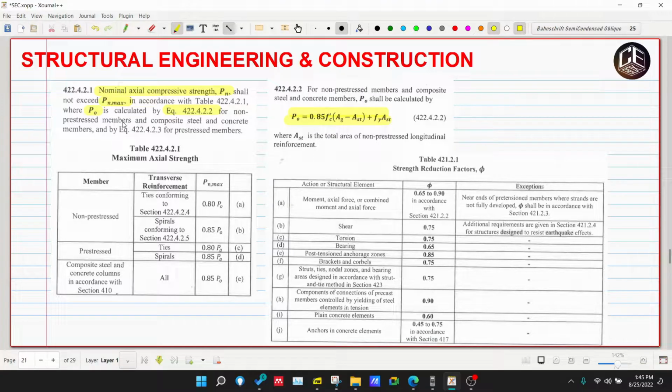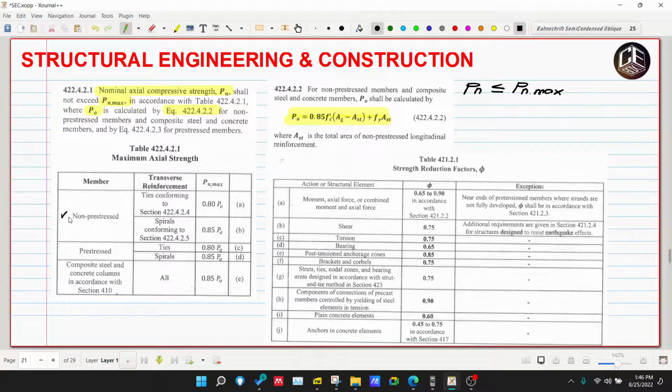For non-pre-stress nga lang yun. Pero yung composite steel and concrete members sa iba pang equation, pero hindi ko na siya sinama since hindi naman natin siya gagamitin. So, dito lang tayo sa non-pre-stress member. Sabi niya rito, yung ating nominal strength should be less than or equivalent to our Pn max. So, check natin dito sa table natin.